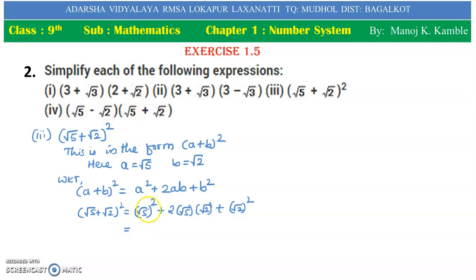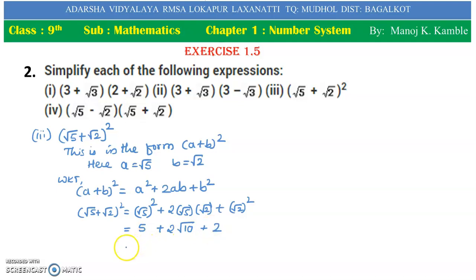Square root of 5 whole square becomes 5 because the square gets cancelled. Next 2, here multiplication, so it becomes 5 2 is 10. Next plus root 2 whole square, so it becomes 2.